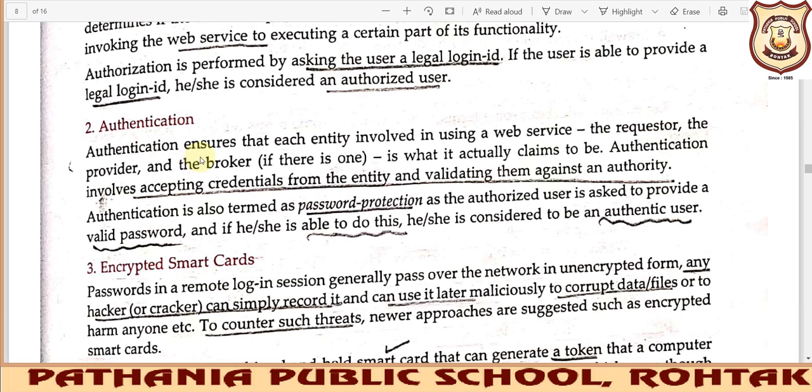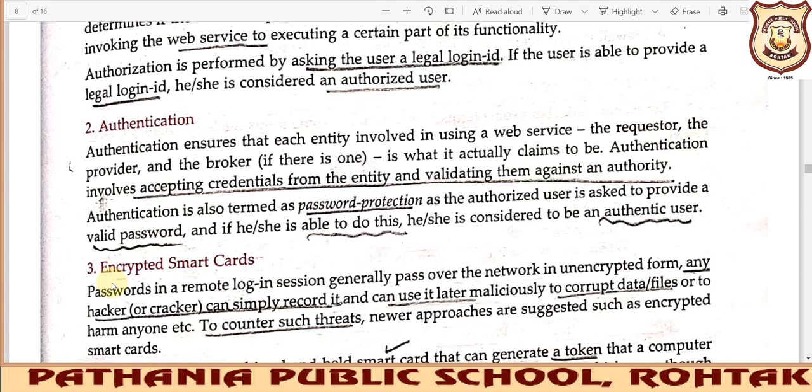When you are entering a valid password, only then will you be allowed to access that particular Facebook account created by you. Other persons who do not have your password will not be able to get into your account. So this is authentication. A valid password allows you to enter inside your account only.